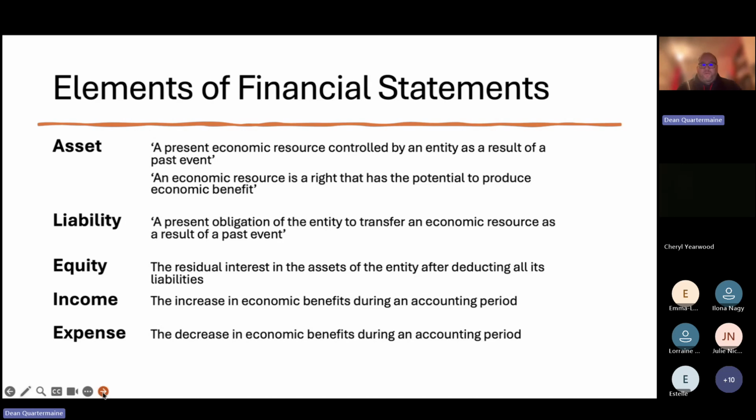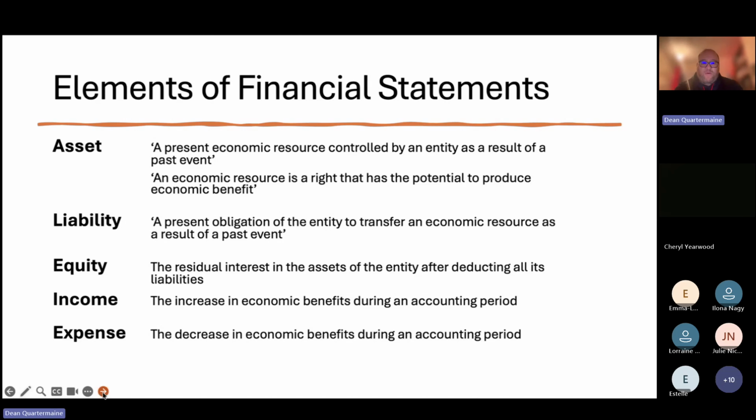So a present economic resource, so you've got something and you've currently got that within your business, you've got something or a right over something, that has the potential at least to produce economic benefit. So what we mean by economic benefit, it's going to make you some money.